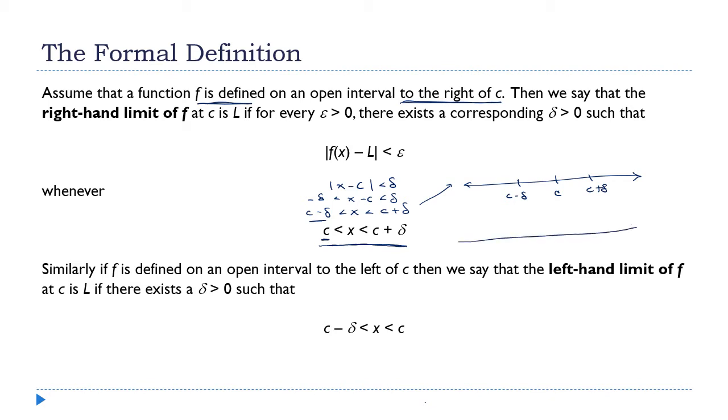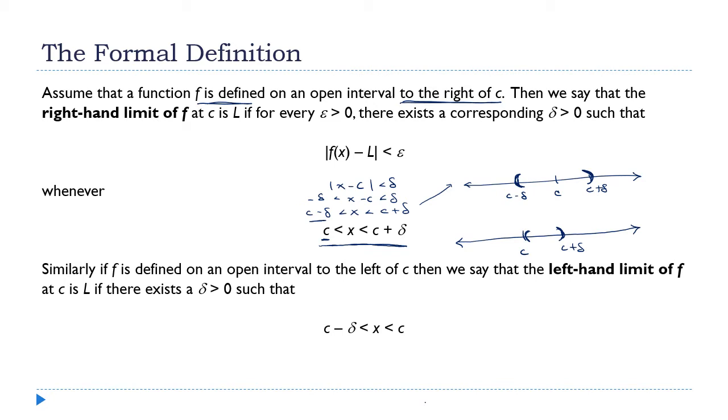So what's that going to look like? Well, instead of being here, it's going to start at c and go up to c plus delta. So that's the only difference. The only fundamental difference is that this inequality is changed and it's just rephrased in a way that is saying just look at the right-hand side of c.